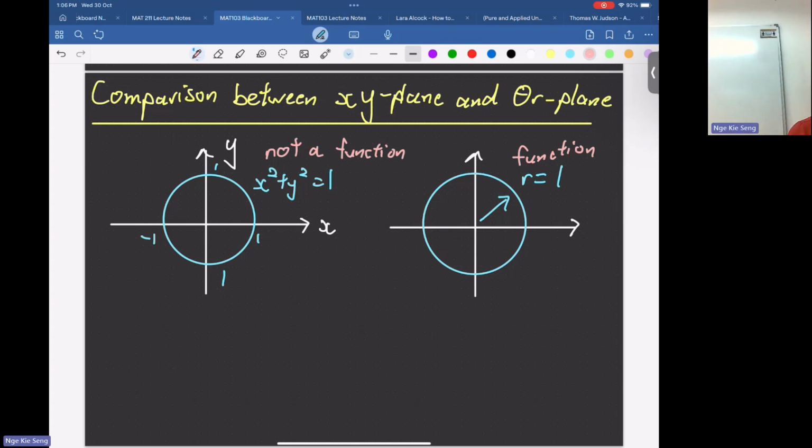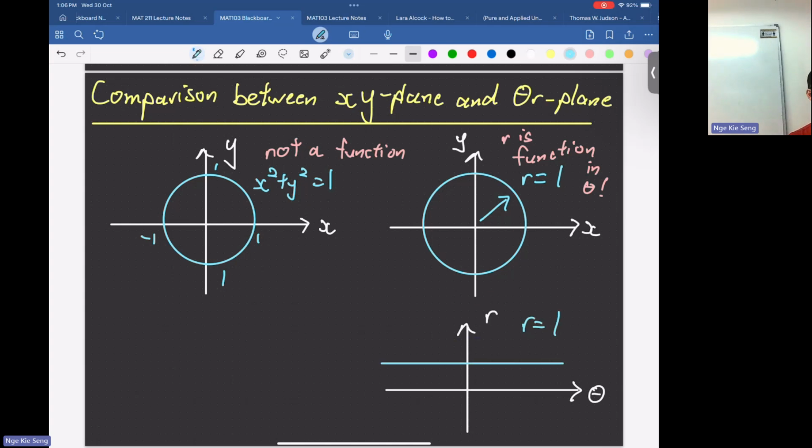But how do we draw this polar curve? Do you still remember what technique we used to draw polar curves last time? What's the plane we use first? We draw it on the theta r plane first, correct or not? So what's r equals 1 here? This is really a straight line.